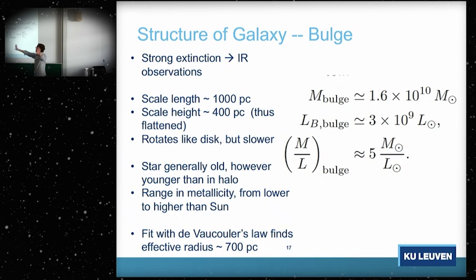But since we have such strong extinction there, you had to go to the infrared or even radio in order to make those detections, which made the observations very challenging there.